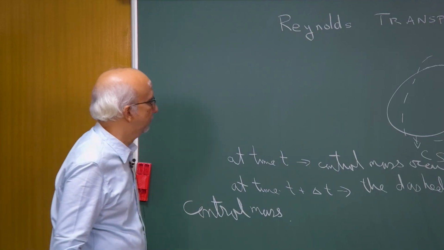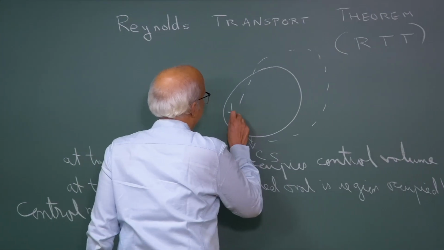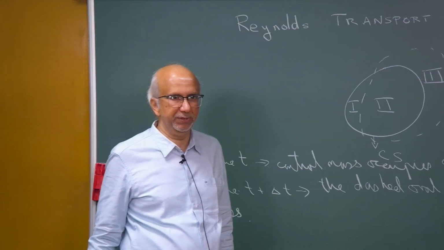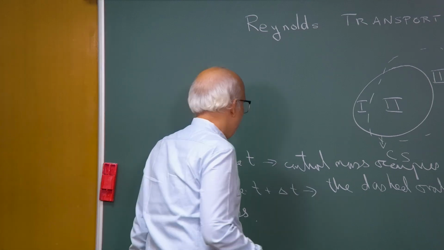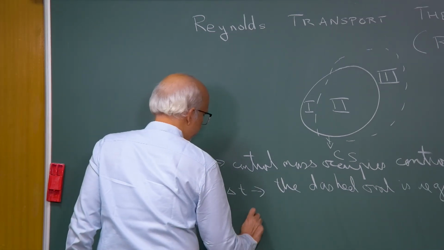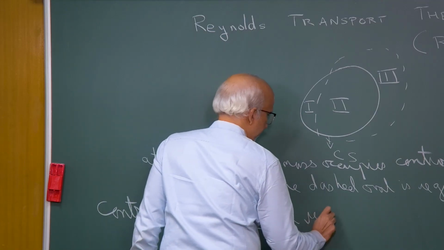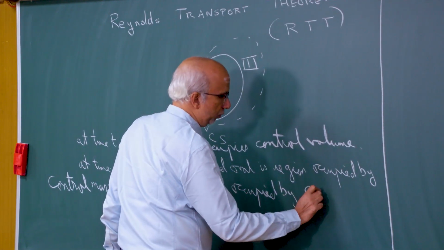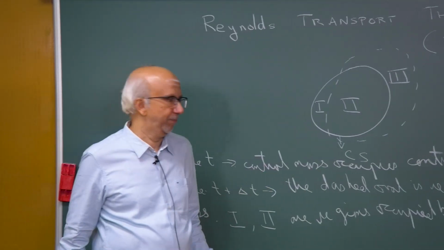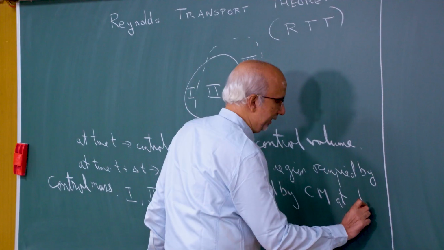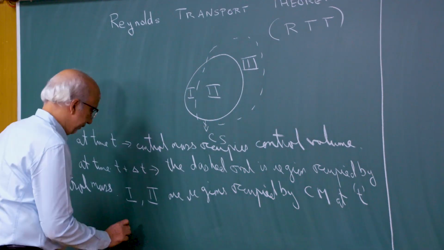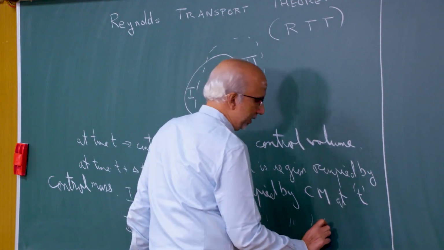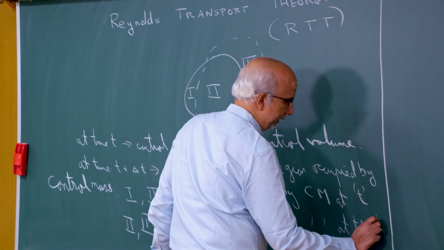Now, what we wanted to do is, for the sake of simplicity or making arguments more concrete, I divided this whole thing into 3 regions, 1, 2 and 3, okay. 1 and 2 are regions occupied by the control mass at t, and 2 and 3 are regions occupied by the control mass at t plus delta t.